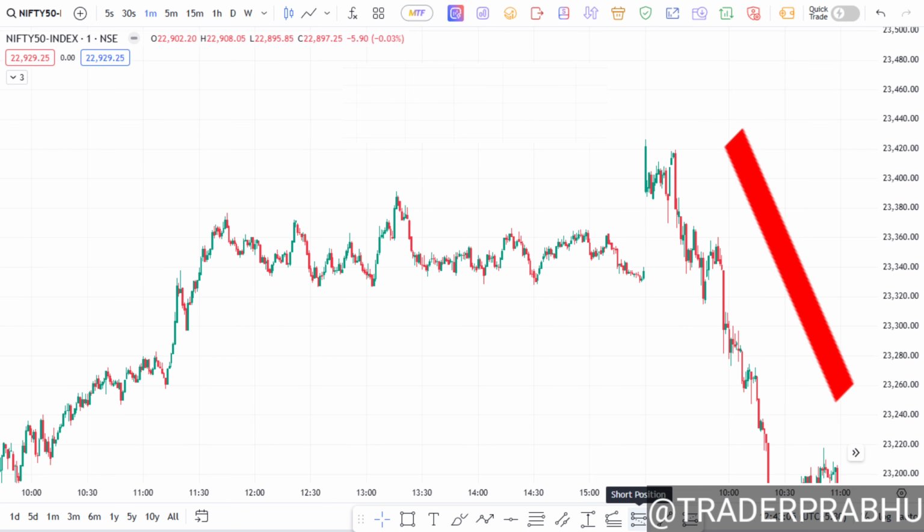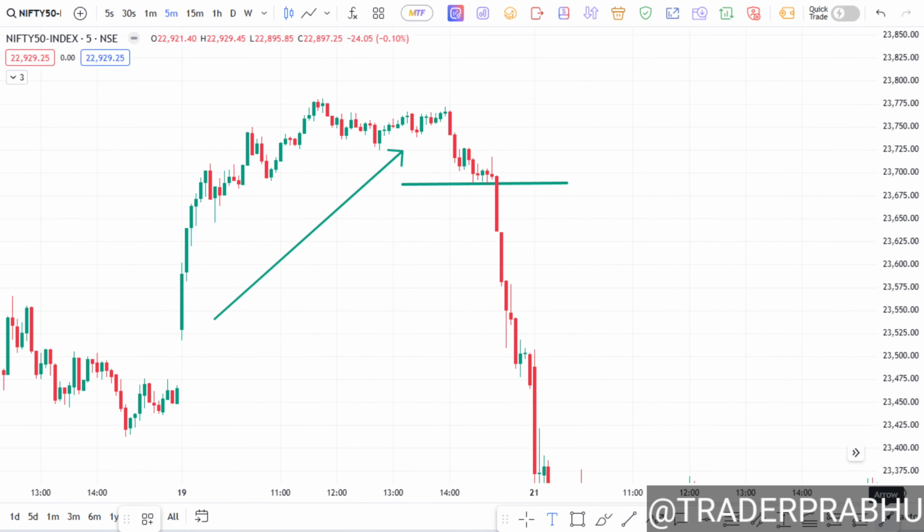Because the big players, institutions and smart money have already exited and are now selling, right? So retail traders are the last ones to buy at the top, then they get trapped. This is called a bull trap.